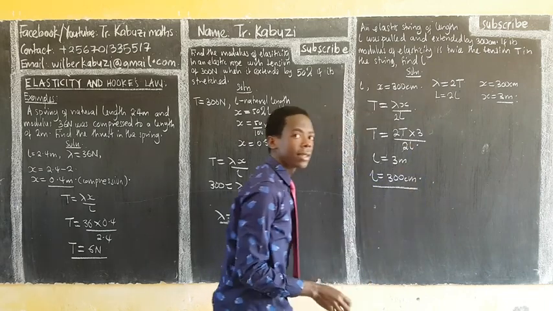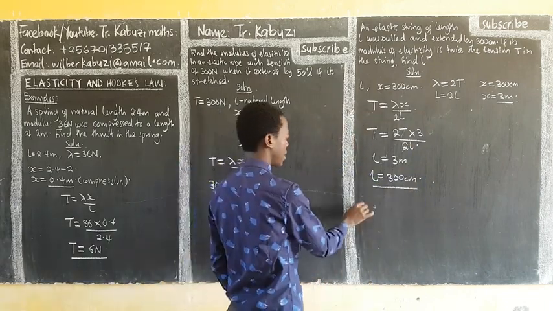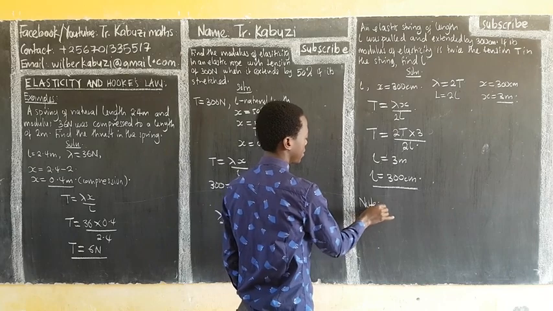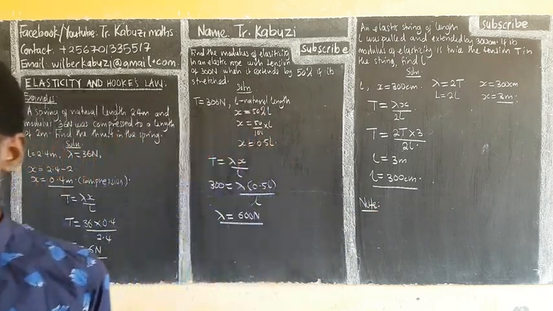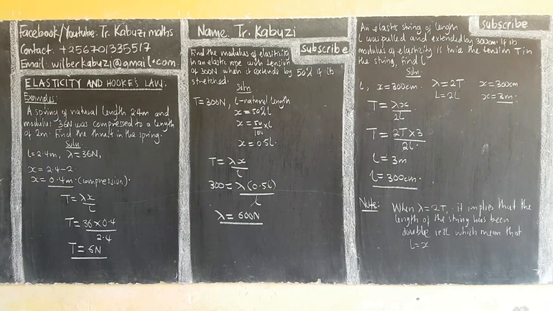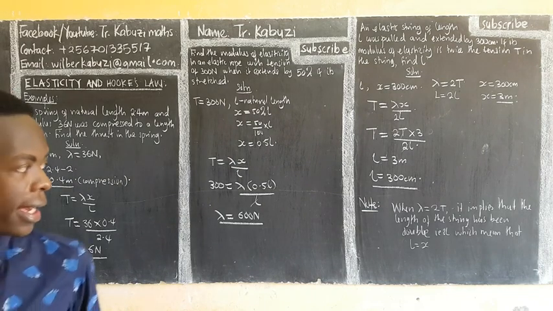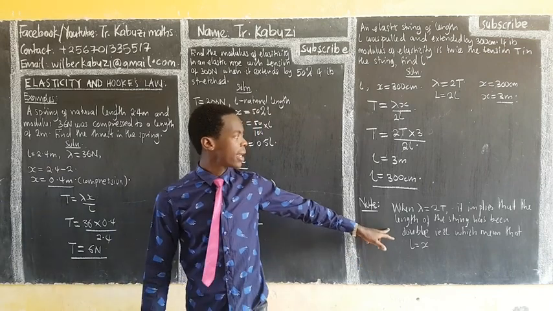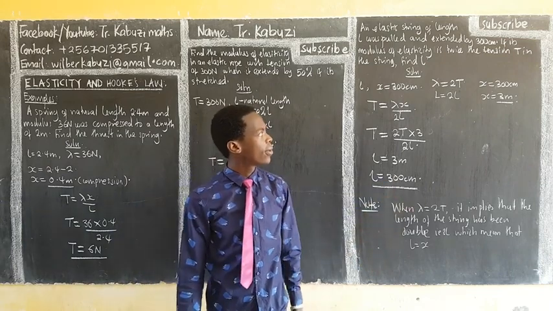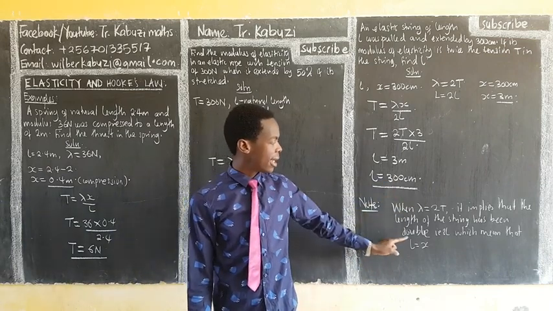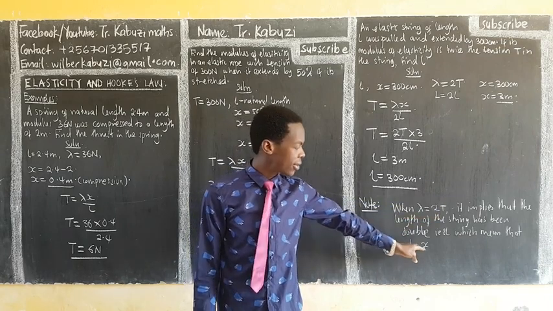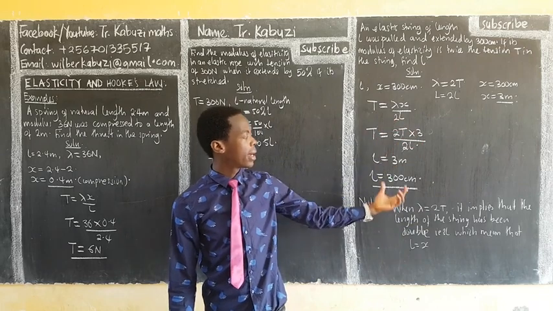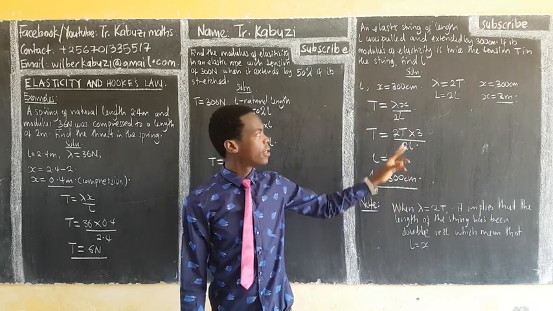So you already note that. Let me put that note here. This is the statement I wanted to make here. From the question you could tell that whenever lambda is twice the tension in the string, it means that L is equal to x, so we can put the answer straight away. So that is the idea.